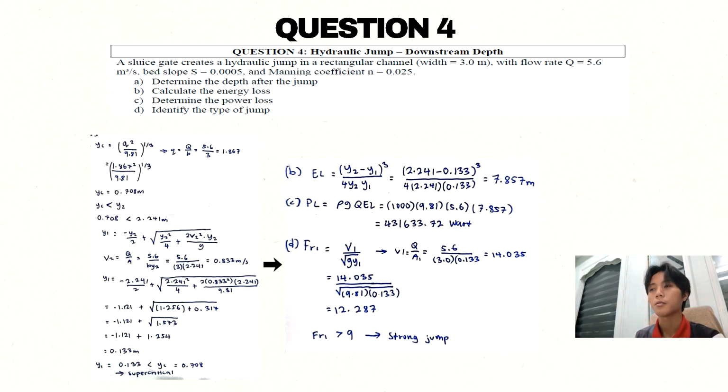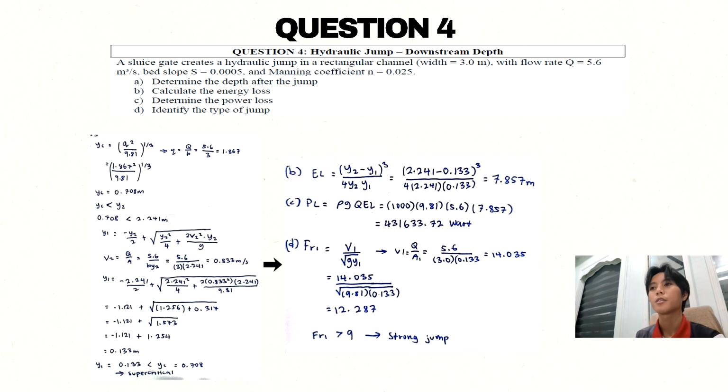So the next step is using the formula for y1. But before that, we need to find v2. So by using the formula Q over A, we will get 5.6 over 3 times y2. So the final answer for v2 is 0.833.